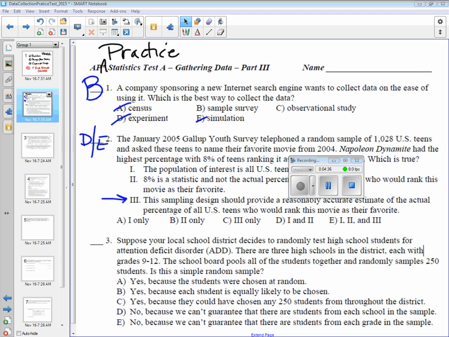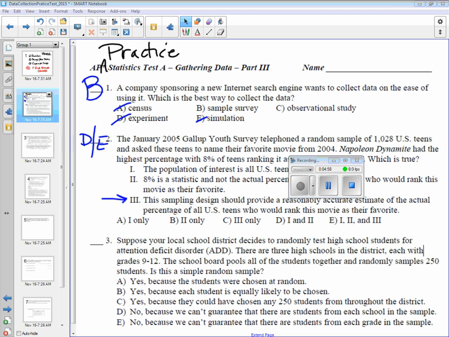If you're collecting a group, and this is a group of 250 students, that means that each group of 250 students has an equally likely chance of being selected. This is just like the question from your quiz, right, where the things came off of the assembly line. It's the exact same type of question.